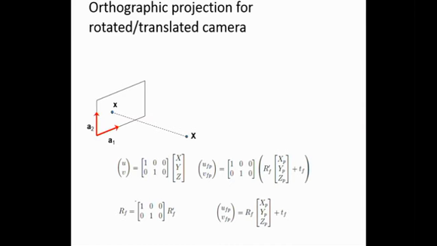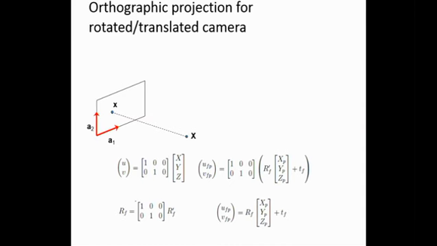Or I might have scaled orthographic, where I have some scale times u and v equals x and y. If I then have a rotation matrix, so now my image plane is rotated with respect to the world, then I have to rotate my scene point into the camera's view with some R prime, and there's also some camera translation. So now this becomes the projection shown over here.